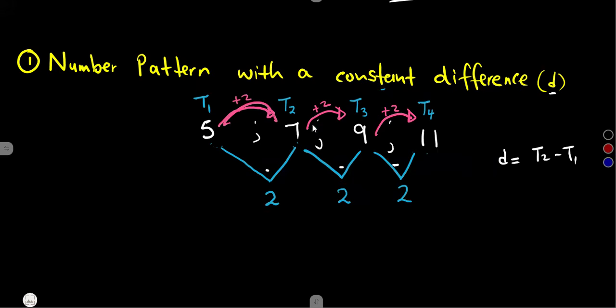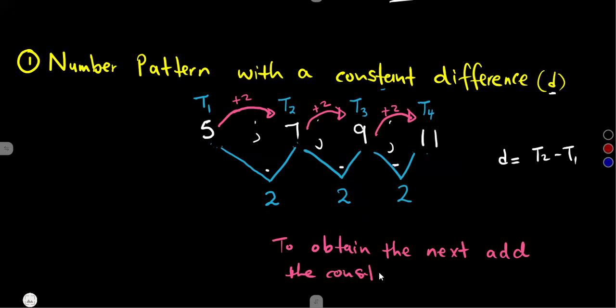To obtain the next term, we're simply going to add what? The constant difference. As we saw in our question, we had to add 2, 2, 2 up to the next one.